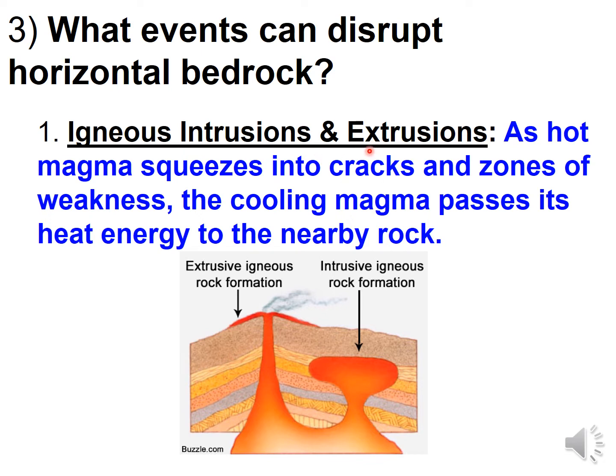An intrusion is when the magma has squeezed up into the upper crust but hasn't quite reached the surface, and then it cools and forms hard rock. Extrusions means it's actually exited and traveled outside to the top surface of the crust, and then it'll eventually cool and harden into rock.